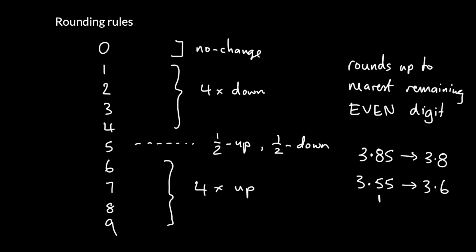So you can see essentially half the time, depending on this digit here, if it's already even, you leave it alone, so you're rounding down. However, if it's odd here, so a 1, a 3, a 5, a 7, or a 9, you're going to round up to a 2, 4, 6, 8, or essentially a 10. So half the time you're going down, half the time you're going up, so that bias of, on average, rounding up more times than you're rounding down is going to be eliminated here.